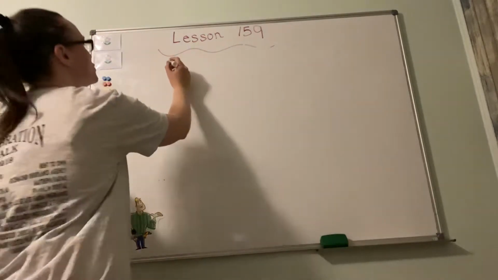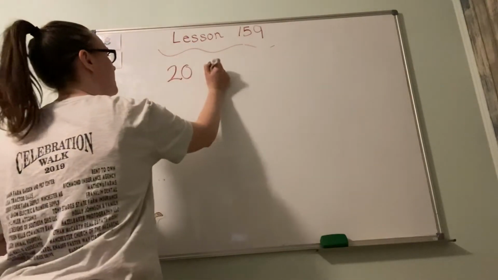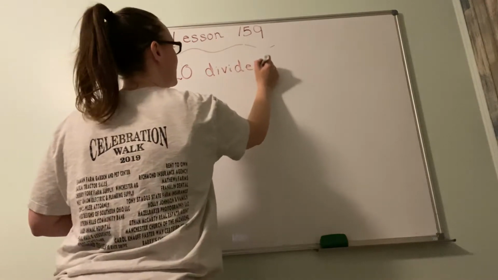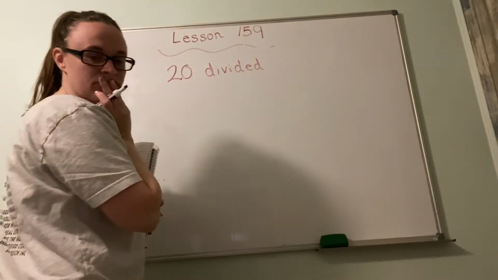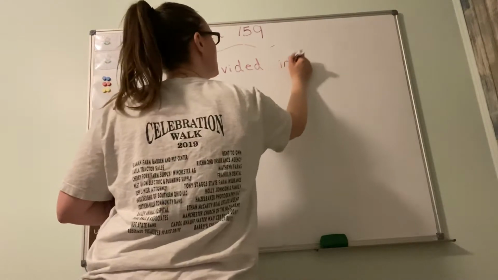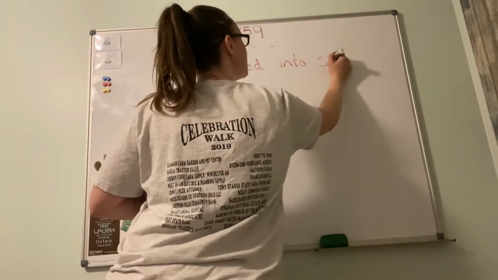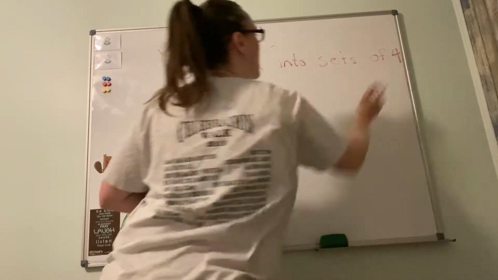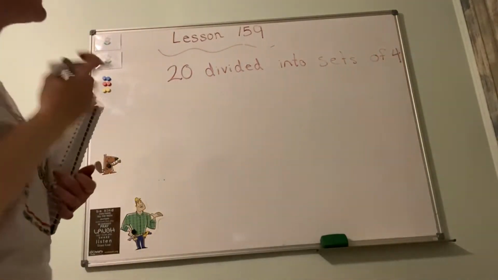If we have 20 divided into sets of 4. Into sets of 4.